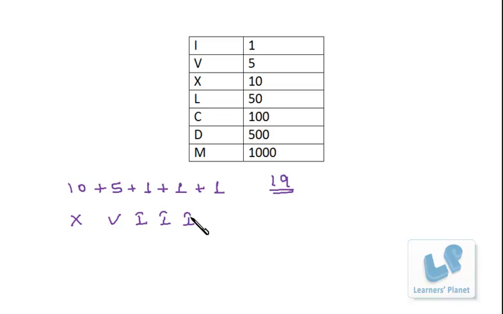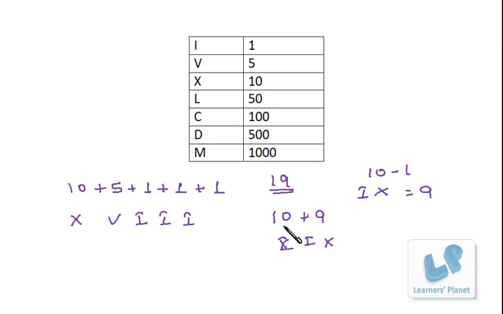So what do I have to do? I have to write 10 plus 9. Now how do I write 9? We have already learned that 9 is 10 minus 1. Now what is 10? That is X. And if I write I on the left side of X, I'll be getting 9. So 10 is X and 9 is IX. So it's XIX.